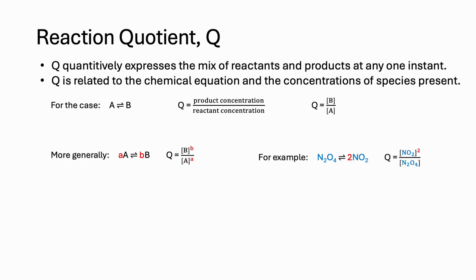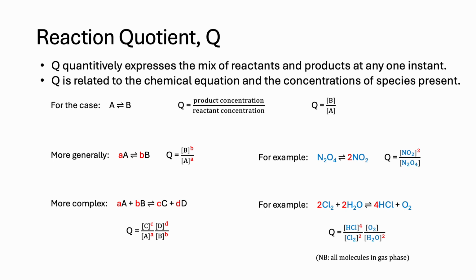A more general case is when there are stoichiometric multipliers present in a balanced chemical equation, such as N2O4 reacting to form 2 lots of NO2. Here, the stoichiometric multiplier, 2 in the case of nitrogen dioxide, is the power to which the concentration of NO2 is raised in calculating the value of the reaction quotient.